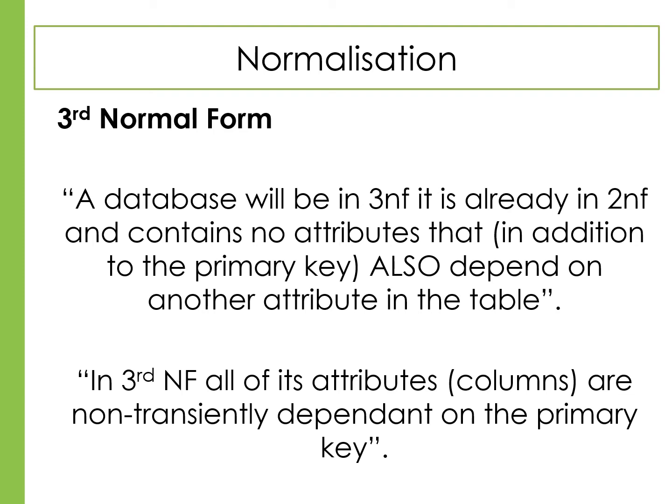So let's think about third normal form. A database will be in third normal form if it's already in second normal form and contains no attributes in addition to the primary key that also depend on another attribute in the table. So in third normal form, all of its attributes are non-transitively dependent on the primary key.